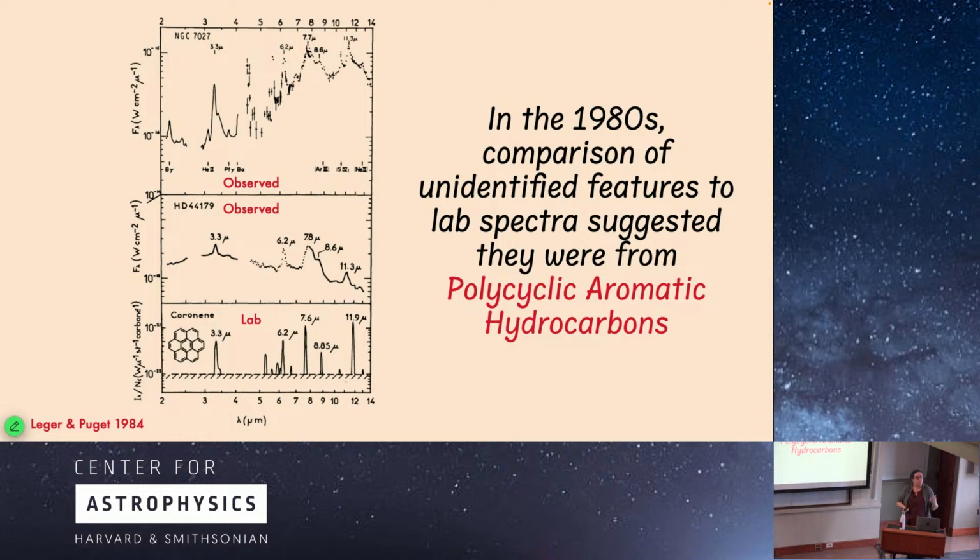So this led to an attribution of these to polycyclic aromatic hydrocarbons. In general, this is expected to be some kind of hydrocarbon small grain, and I'm not super particular about the exact designation. Some people are, but I'm going to refer to these as polycyclic aromatic hydrocarbons, and happy to argue after the talk if you have a different favorite thing you would like to call them.